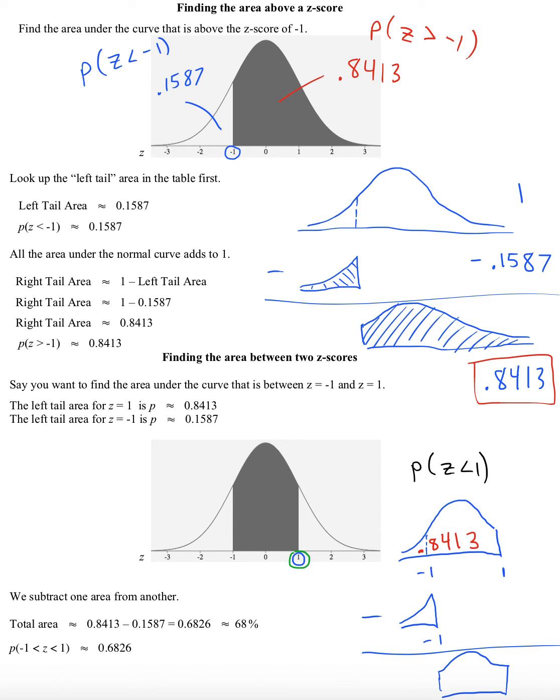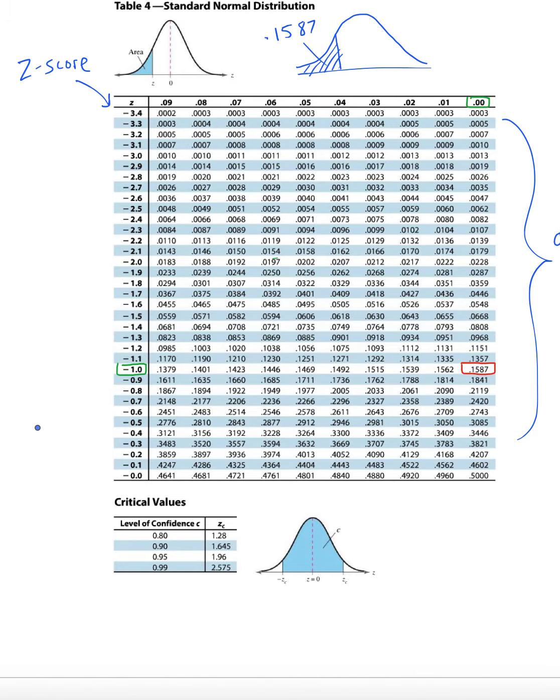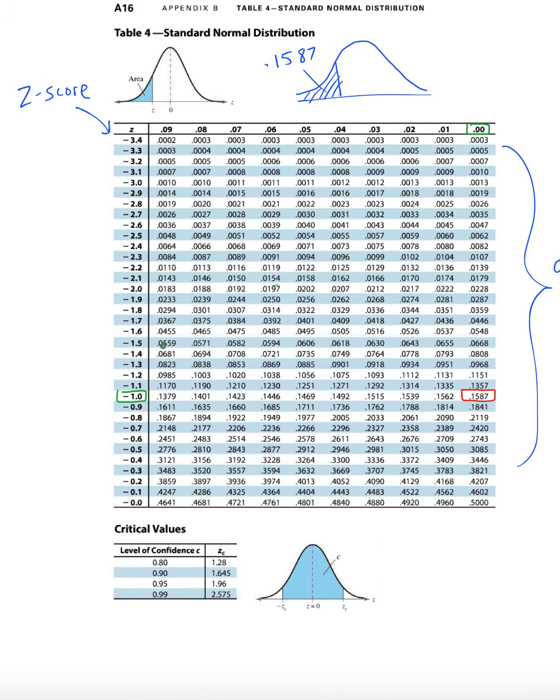Now we need to figure out how much is in that left tail. In other words, what's the probability of z being less than -1? Well, according to the table, here's the z of -1, 1.0, 0.1587.